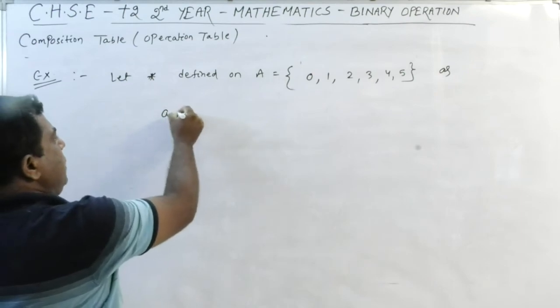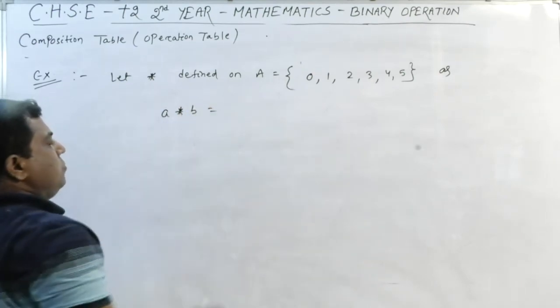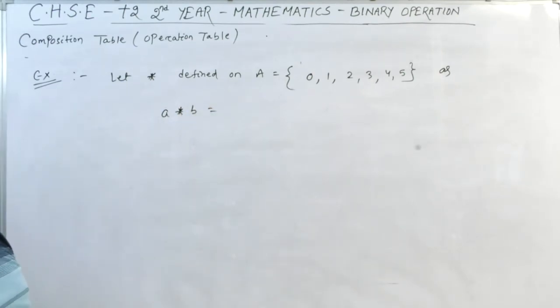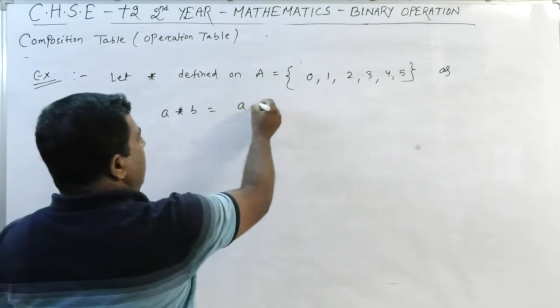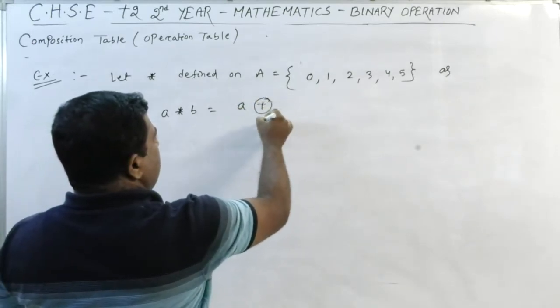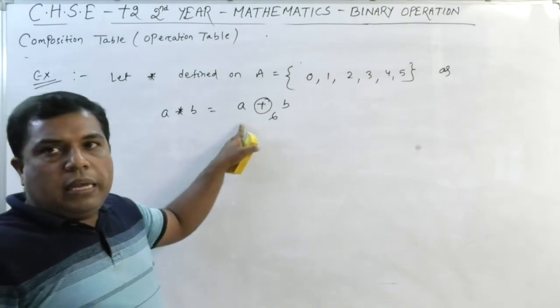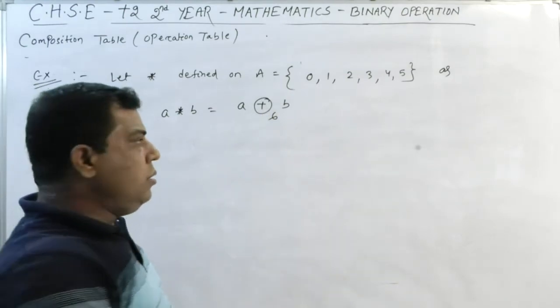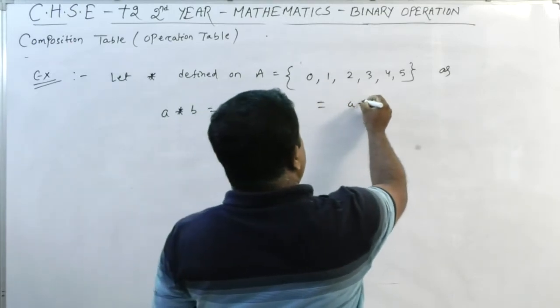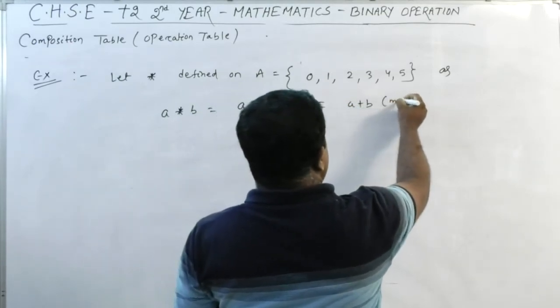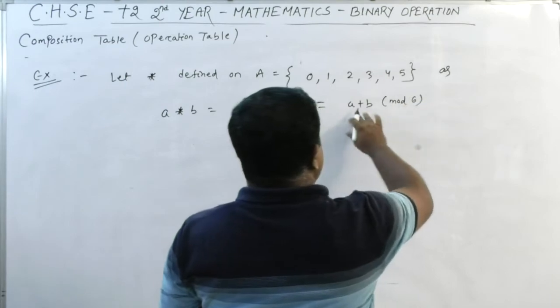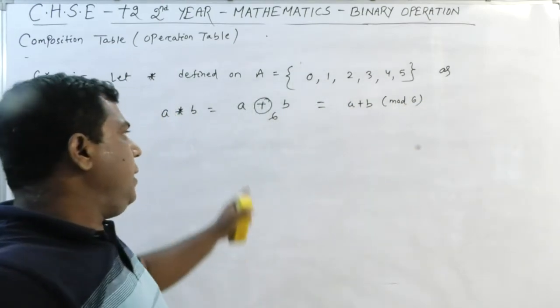A star B equals A plus B modulo 6. So it means the remainder obtained when the sum is divided by 6.